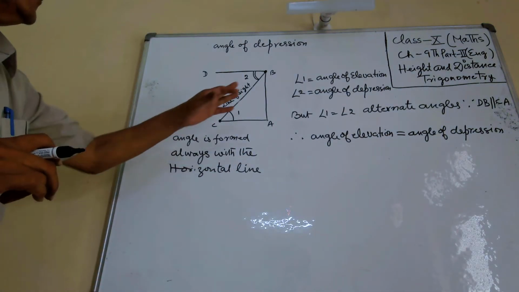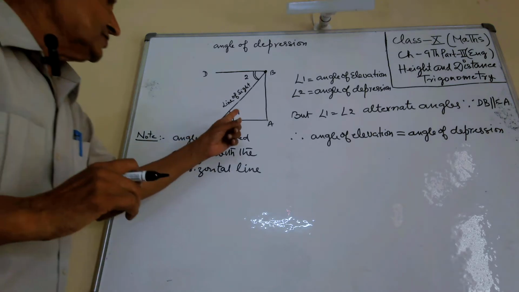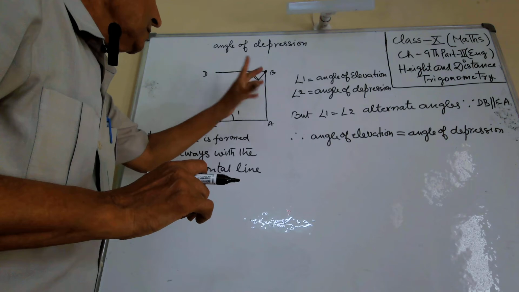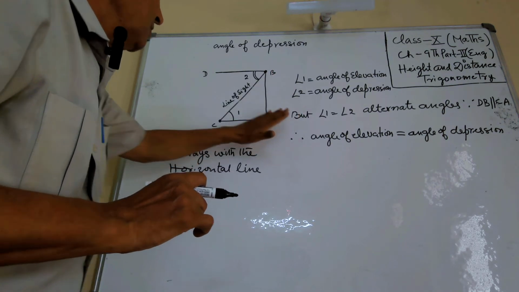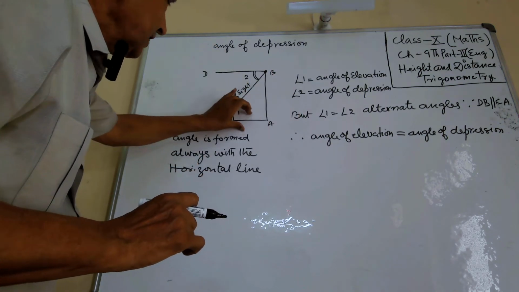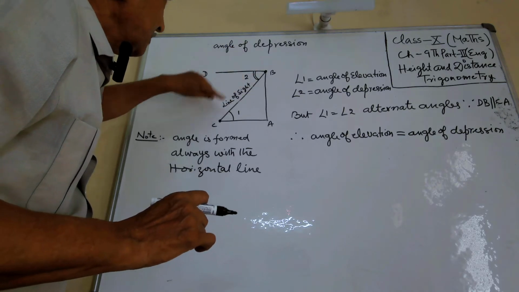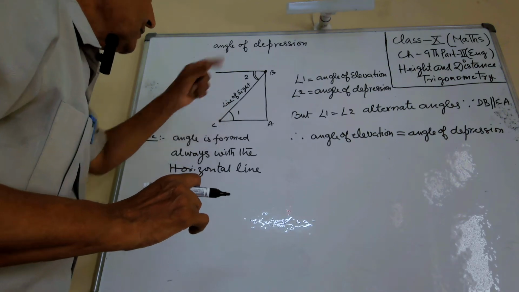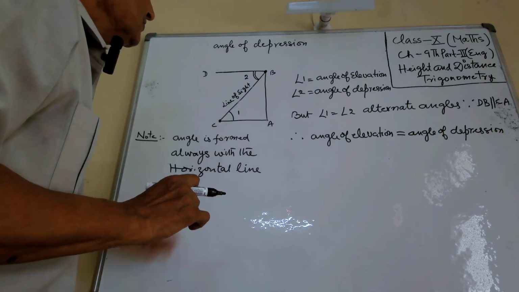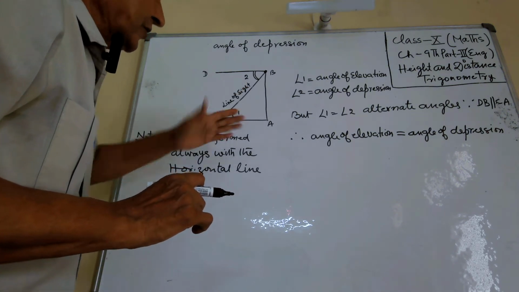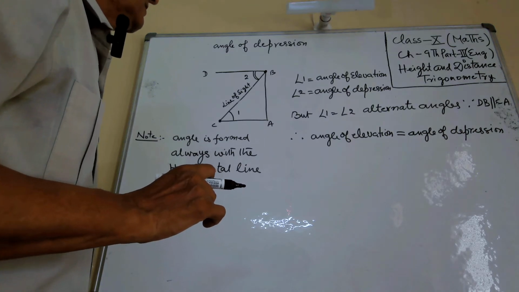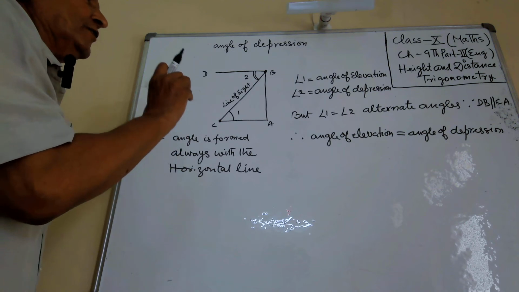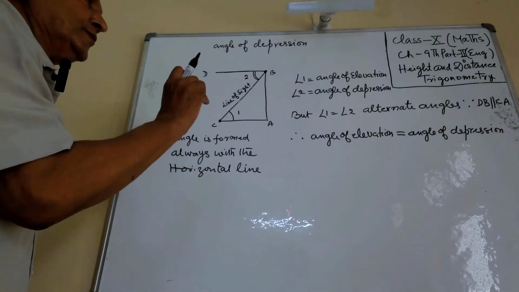But one thing I want to make clear: 1 is the angle of elevation, 2 is the angle of depression, because DB is parallel to CA and BC bisects them. Angle 1 is equal to angle 2 because they are alternate angles.